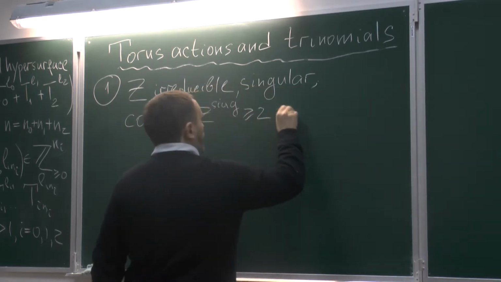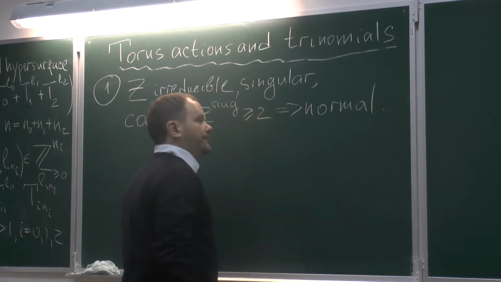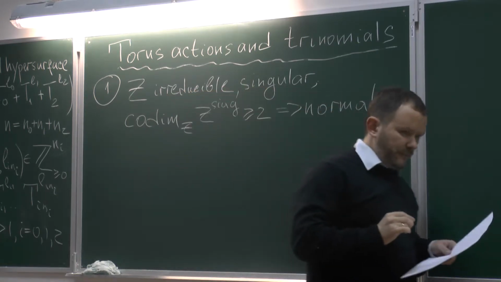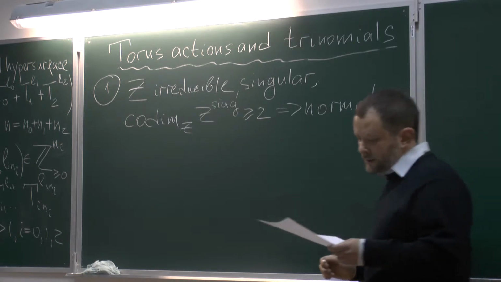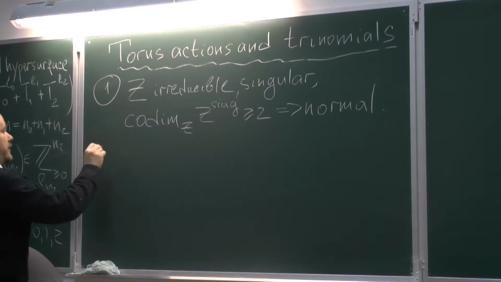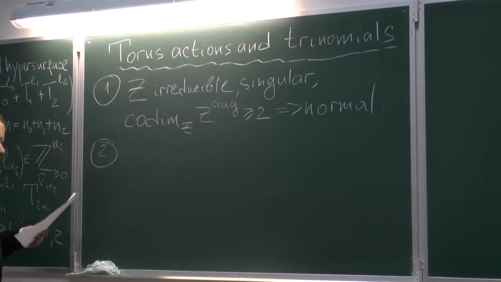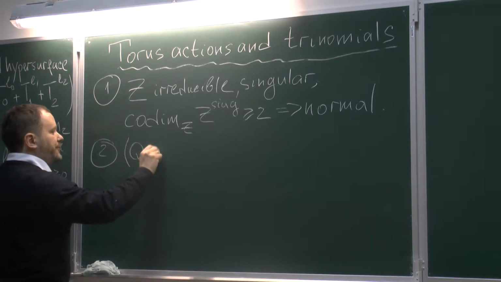So our variety is normal. Okay. And now to study the geometry of this hypersurface deeper, it's good to invent torus actions. So my next section will be about torus action, but in fact quasi-torus will appear.